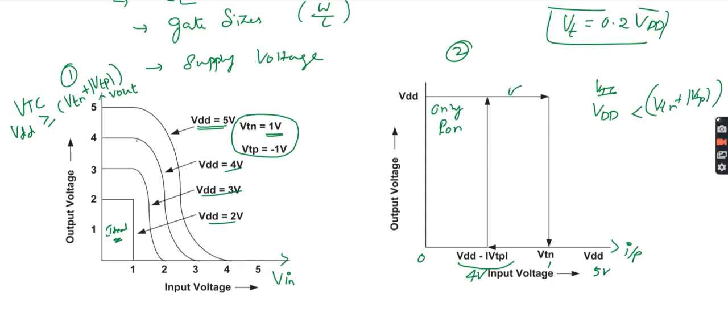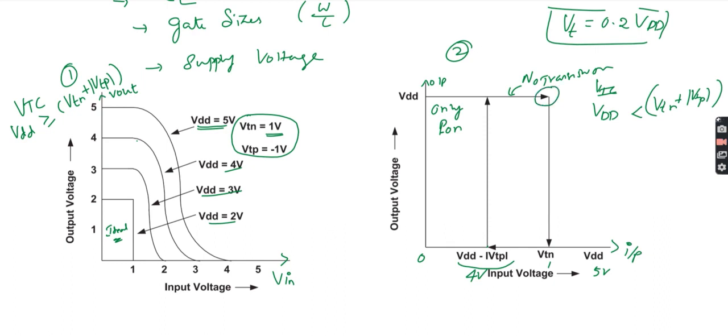So in this portion, no transistor is on here actually. So what we'll get now, this is nothing but your output voltage. As the input voltage we get VDD minus VTP, then the output voltage will increase, only PMOS will be on. Then after that again what happens? Still we are having this way.